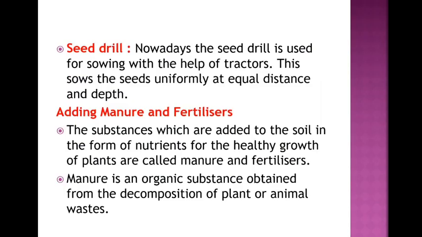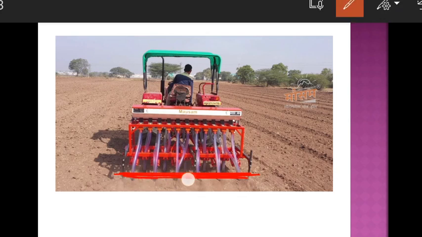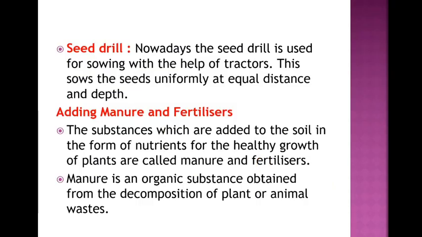Nowadays the seed drill is used for sowing with the help of tractors. This sows the seeds uniformly at equal distance and depth. Just look at this image. This is seed drilling. By using this machinery, the seeds are drilled into the soil at an equal distance and an equal depth.